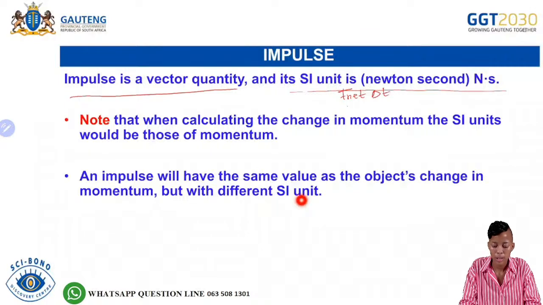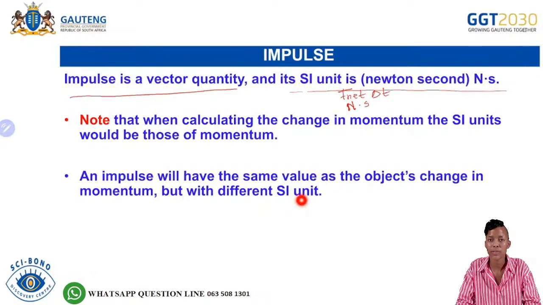So when you write down the units for the F net, you will have Newton, and for the time you will have the seconds. So we are saying impulse is a vector quantity. We said vector quantity is a physical quantity which has both magnitude and direction.